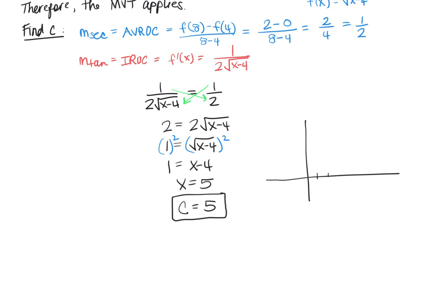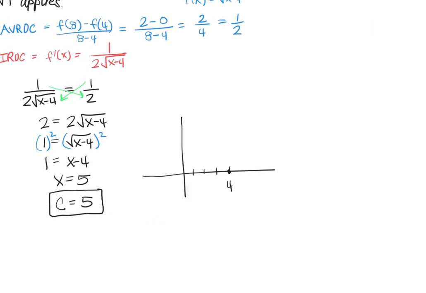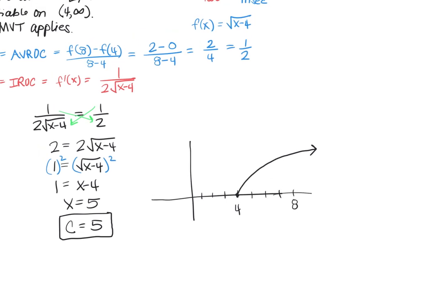So I always like to wrap it all together with a picture because so many of us are visual. So a visual will really help. So we know we have our square root function that looks something like this. Initial point is at 4. So we were looking from 4 to 8. So looking at the slope of the secant line here, this is my secant line going from 4 to 8.